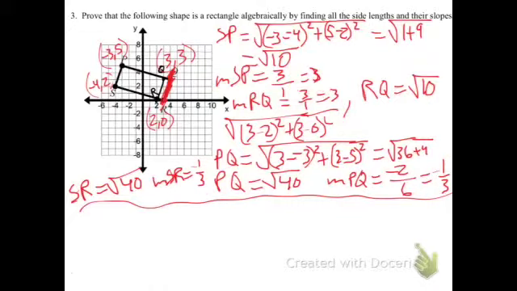And so, in our little explanation here, we can write out since SP is the same distance as RQ. That should be a better Q. SR is the same thing as PQ.